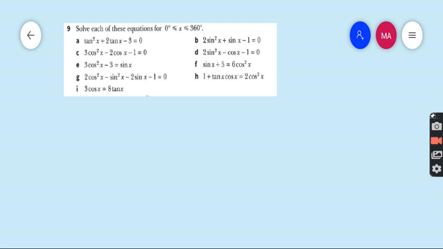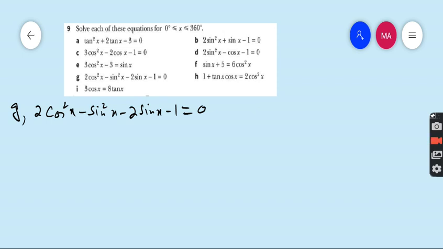What is part G? You can see on the screen: 2 cos square x minus sin square x minus 2 sin x minus 1 is equal to 0.